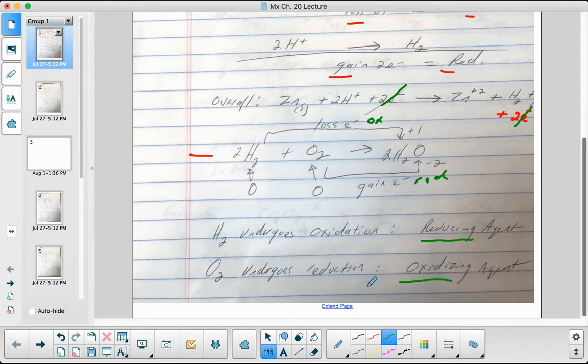The reason they're named this way is because one cannot happen without the other. When hydrogen oxidizes, it allows reduction to take place. That's why it's called the reducing agent. And when oxygen undergoes reduction, it allows oxidation to take place. I'm going to stop there.